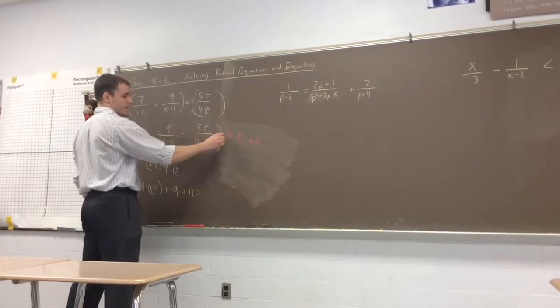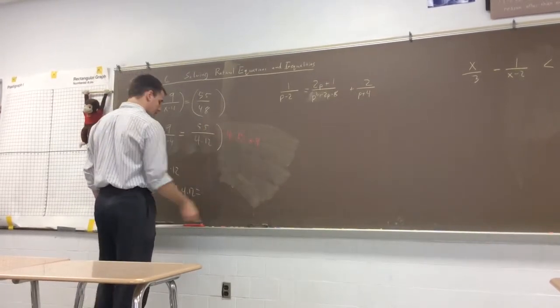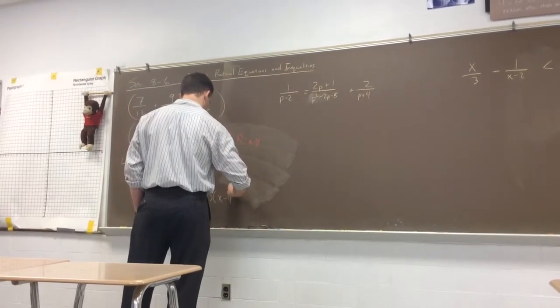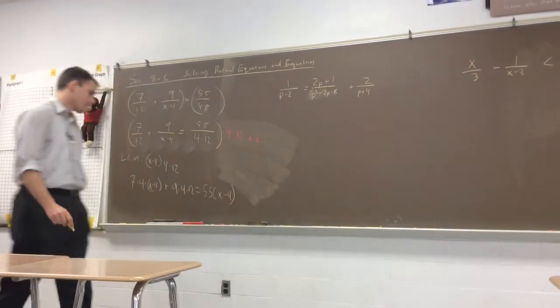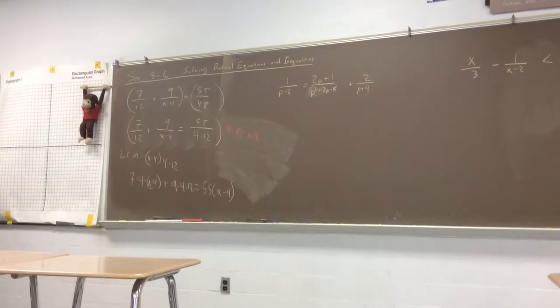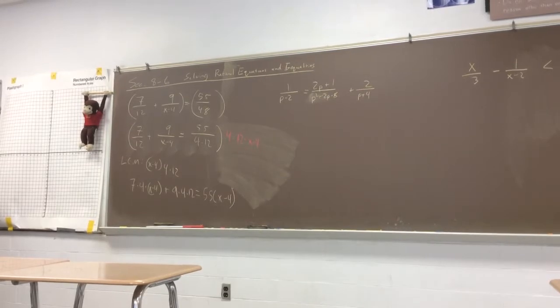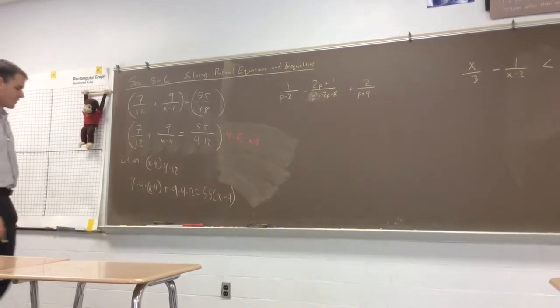You have 4 times 12 cancels out there, so we got 55 times x minus 4. Is this solvable now? That's going to be a lot neater, isn't it? So basically just cleared out the fractions.